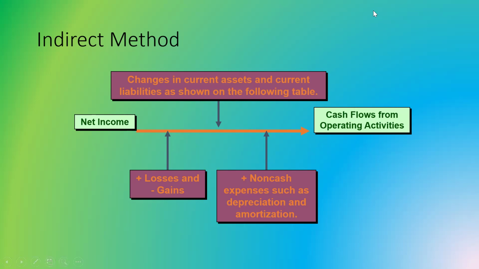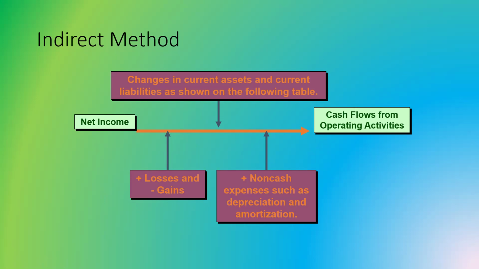So here you can see that first of all we adjust any non-operating losses or gains in net income. So what are non-operating losses? These are losses that do not directly belong to the core business operation. These are other than operations, for example, loss on the sale of equipment.